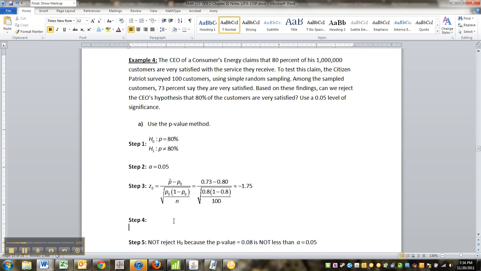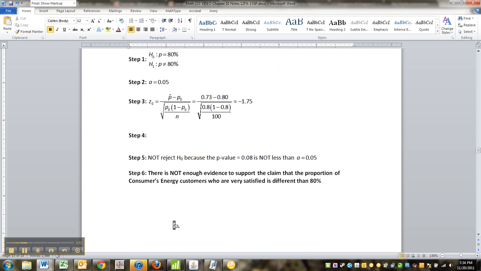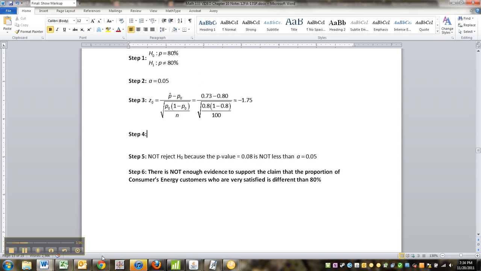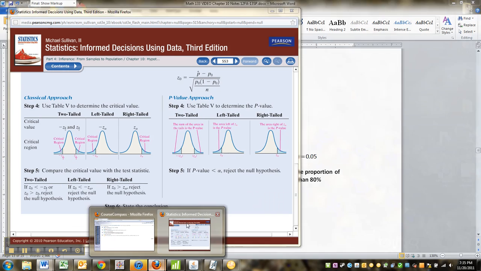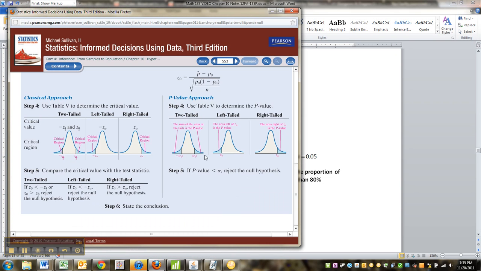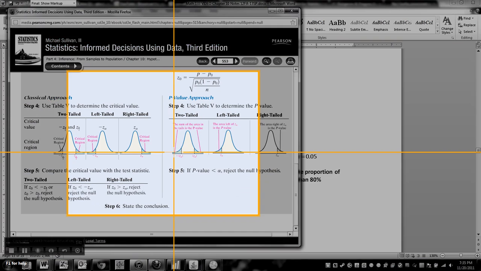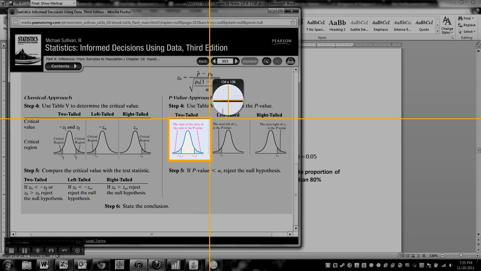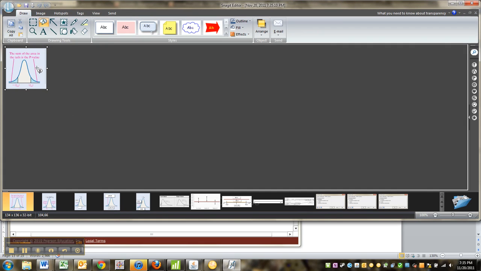Okay, step 4, the p-value. Now, if you couldn't tell, I had already done this video once. It's because I made a mistake. So because this is a two-tailed test, we actually want this p-value picture over here. So let me go grab it real quick. There we go. All right, and I'm going to make it bigger.